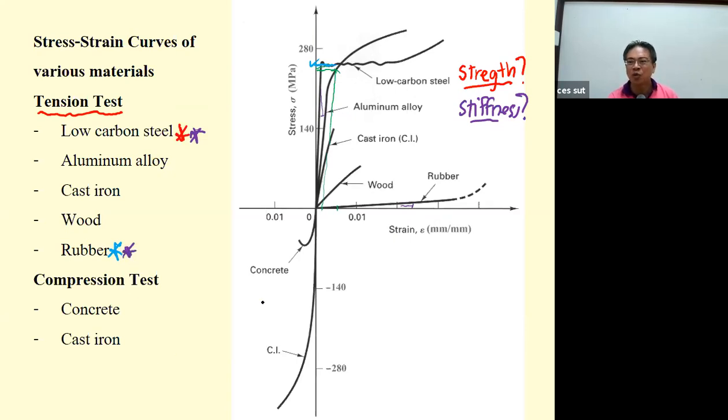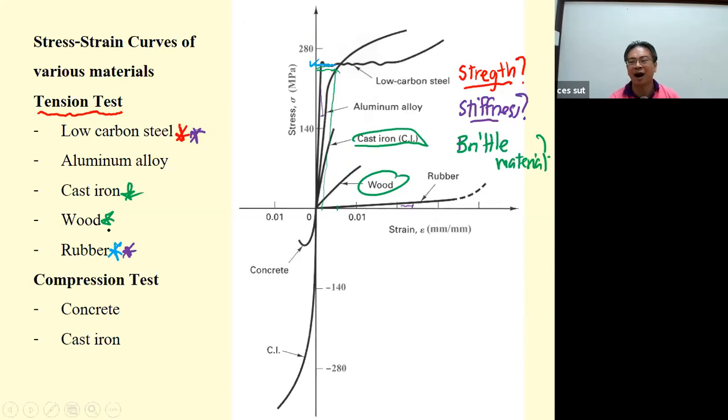Okay, which one can be considered as the brittle material? You can see the cast iron can be considered as the brittle material, and the wood also.